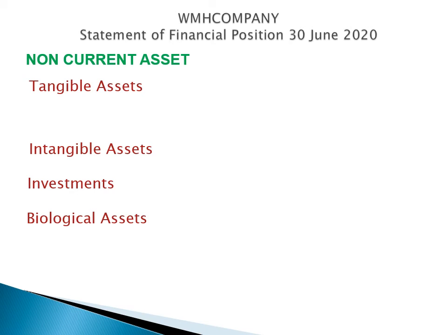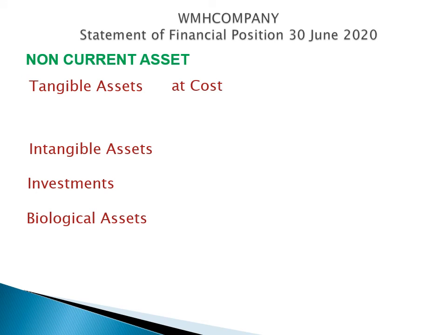For example, the vehicles: the second year or the third year you own that vehicle, the value of the vehicle, of course, will be less than when you purchased that vehicle. So the tangible asset is subject to depreciating of value. So you need to show in your non-current asset listing what are the tangible assets that are subject to depreciating value.